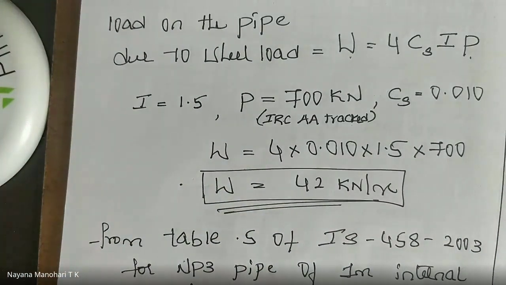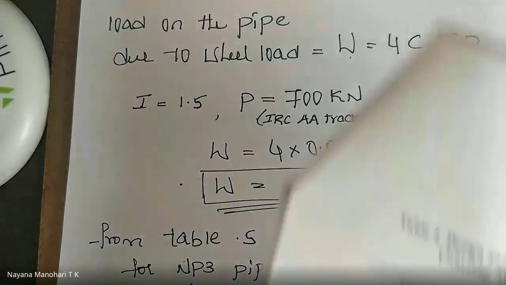See in table 5 of IS 458 2003 for NP3 pipe of 1 meter internal diameter.